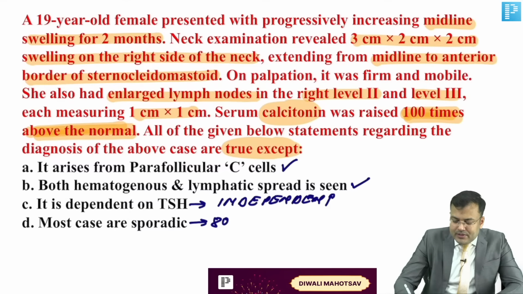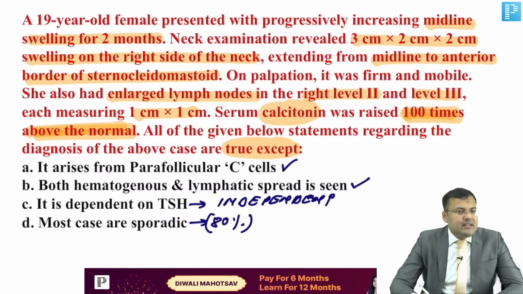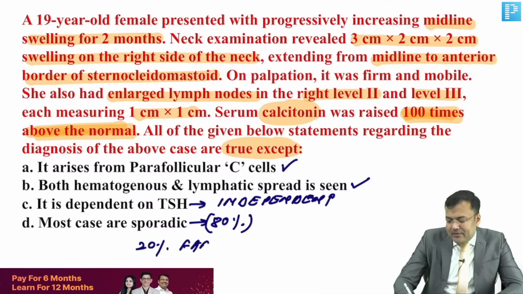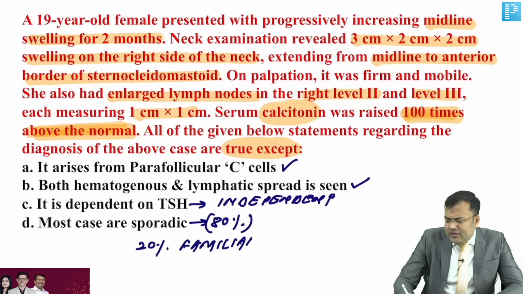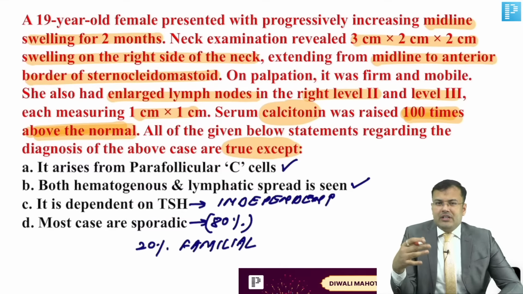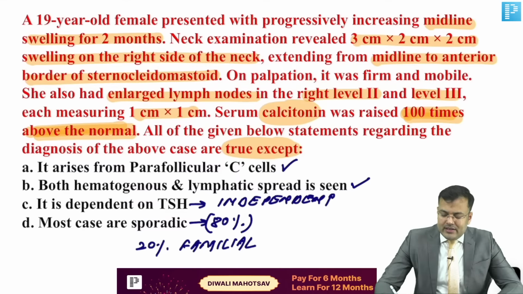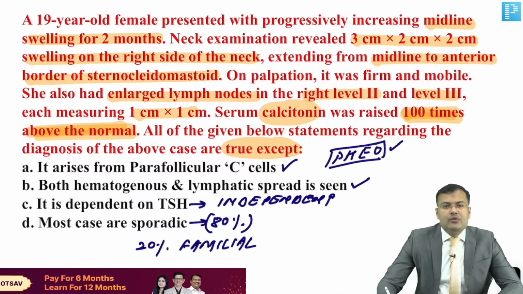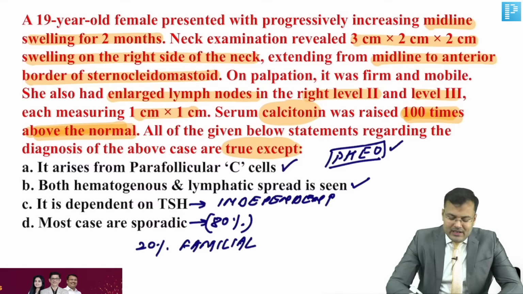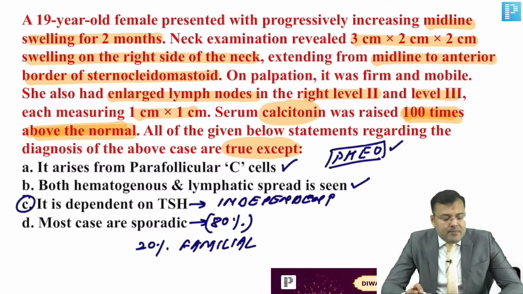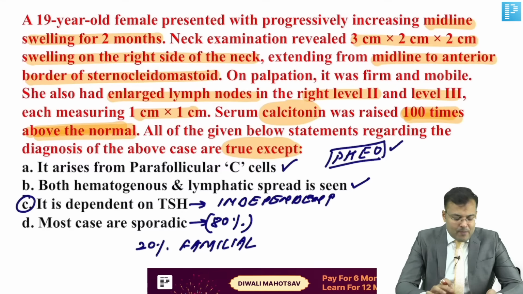In 80% of cases it is sporadic, and in 20% it is familial, associated with MEN 2A and 2B. It is associated with pheochromocytoma. Got it? So, what is the correct answer? Option C. It is a TSH independent tumor.